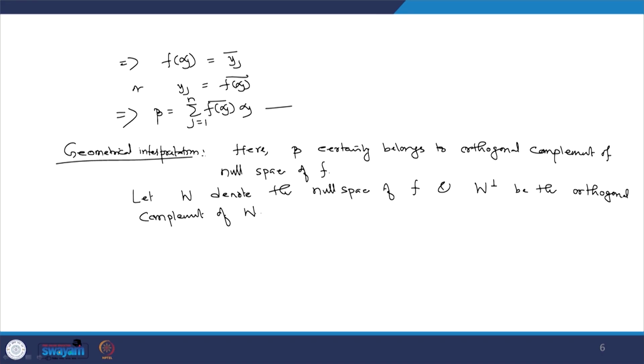I mean to say inner product of alpha and beta will be equal to 0.